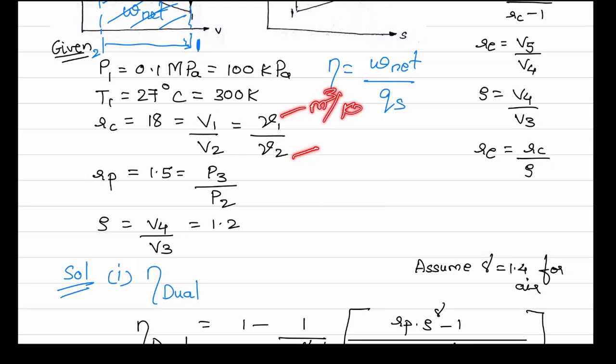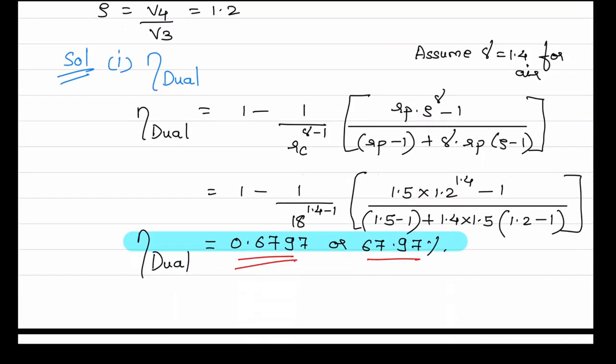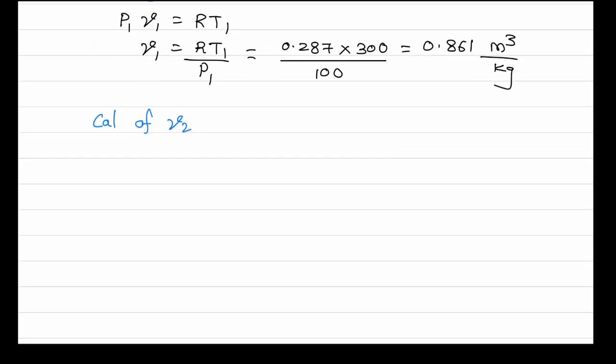So we already have RC value. We have found v1 value just now. So I can find what is v2. I'll write down the equation. Compression ratio RC is v1 by v2.